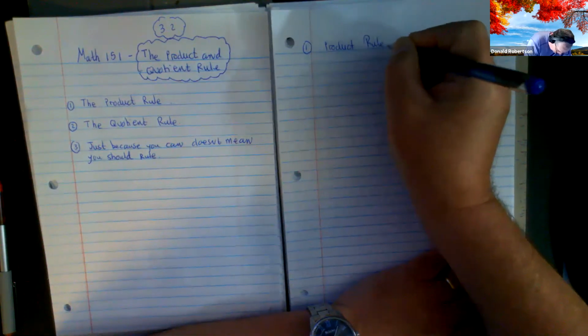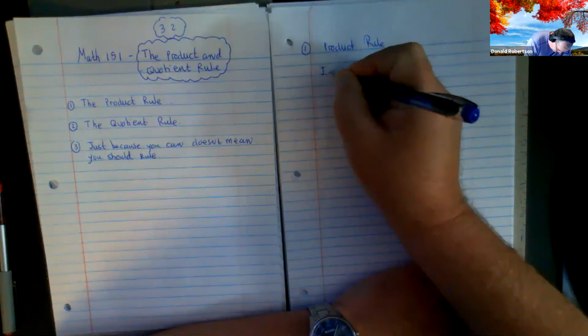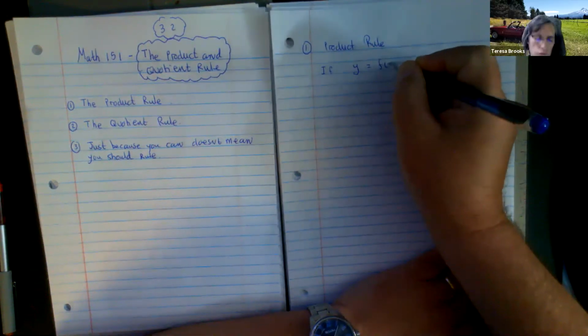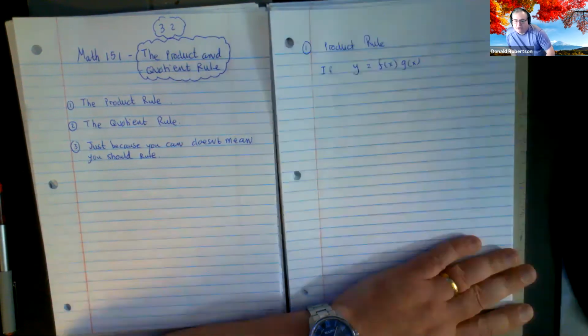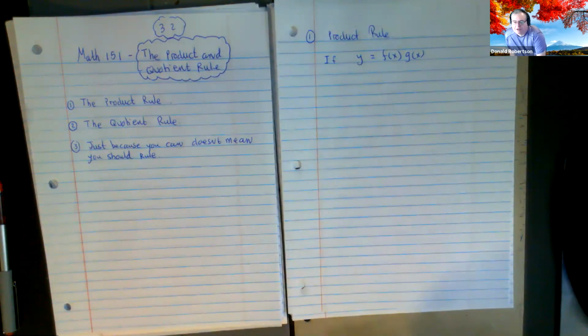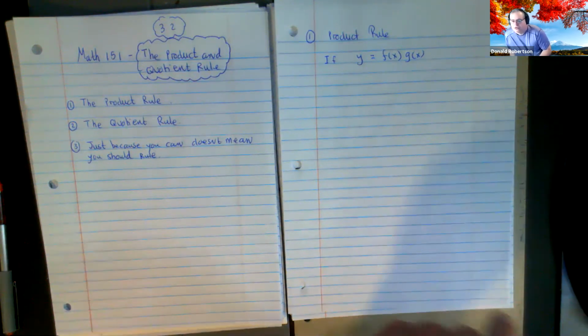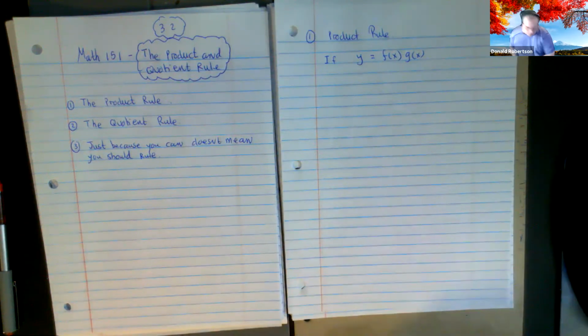Now, if you have a function y equals, and it's made up of two functions multiplied together, f of x and g of x, right? So it could be anything. It could be x cubed e to the x, for instance. That would be an example of that. Or x squared plus 1 brackets x cubed minus 1, whatever. You can use the product rule.